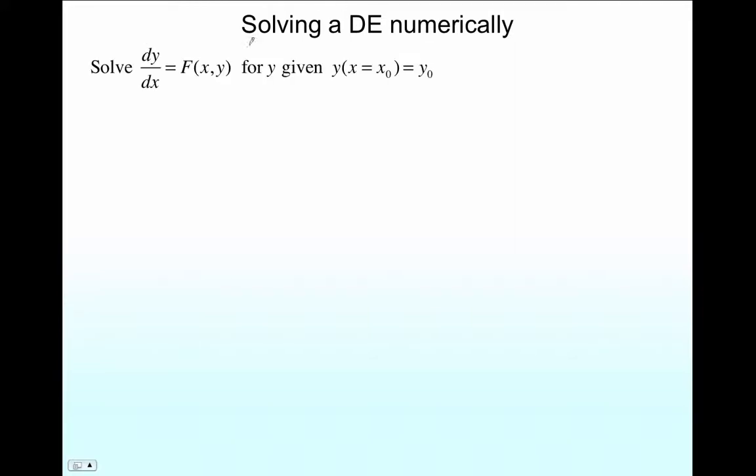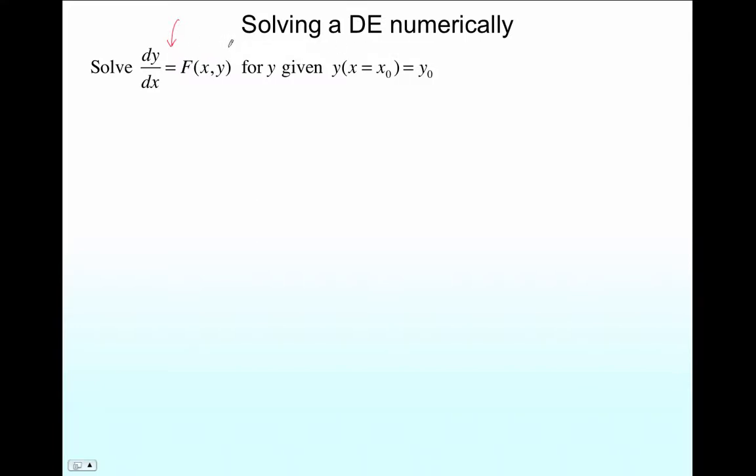To be more precise, we are asked to solve this differential equation, a first order differential equation: dy by dx is some function of x and y, some given function of x and y. The other information we're given is that y has the value y0 when x is equal to x0.